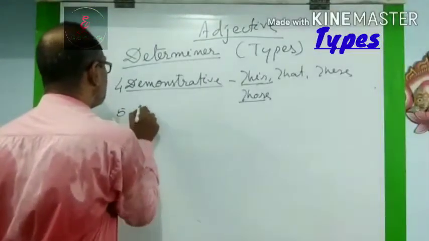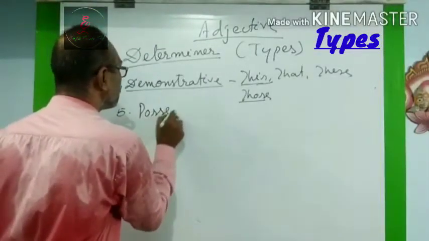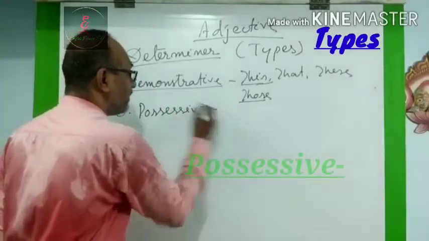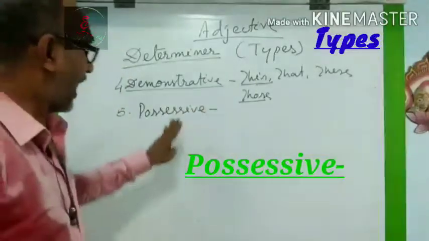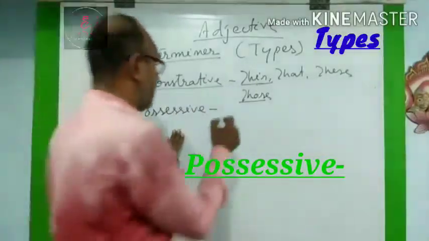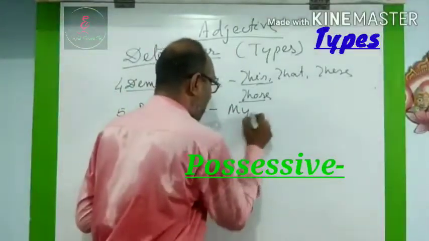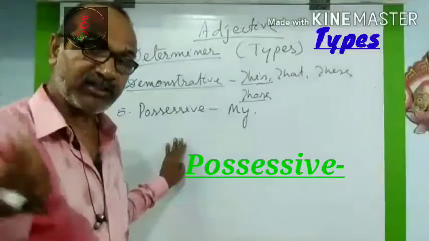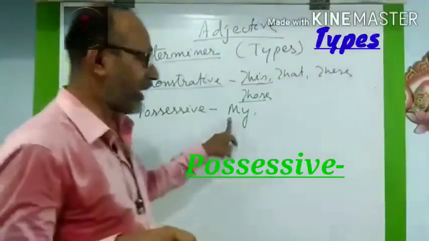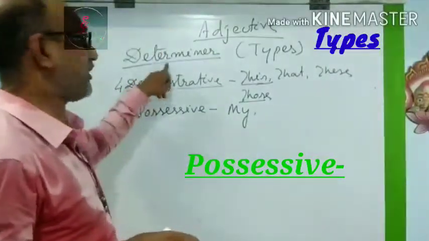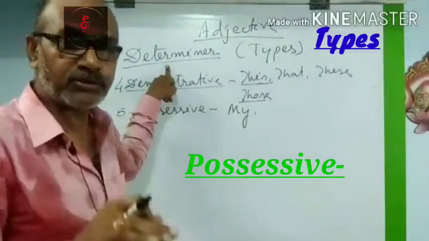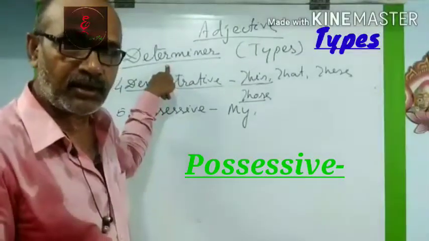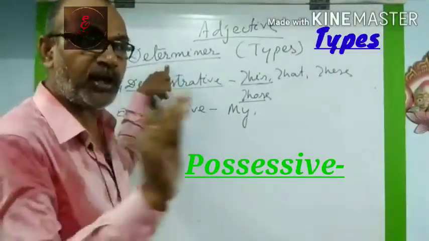The fifth one is possessive. Under this possessive, there comes my, only my. But in pronouns we have already discussed mine. Mine cannot be a determiner because it cannot be used before any noun.